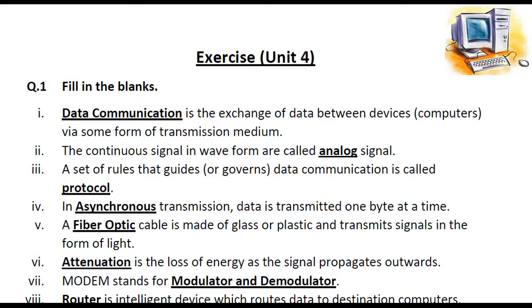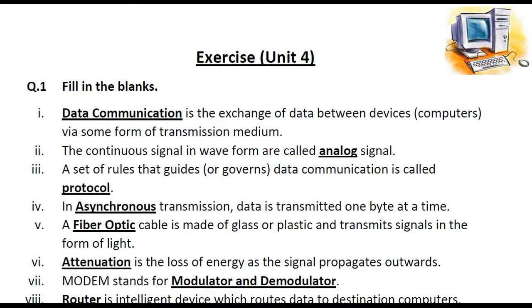Second fill in the blank is the continuous signal in wave form are called analog signal. Normally we have two types of signals, or data is represented in two forms, that is analog and digital. So in communication, the signals or the data is carried by the medium in the form of analog signals, while the data or the signals inside the computer system are actually in the form of digital signal or digital data.